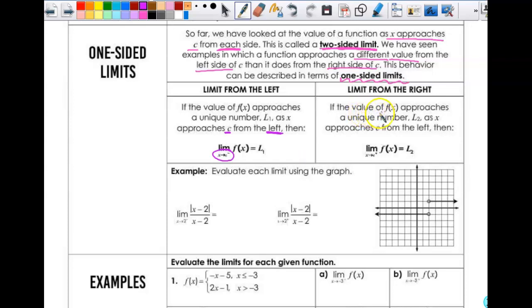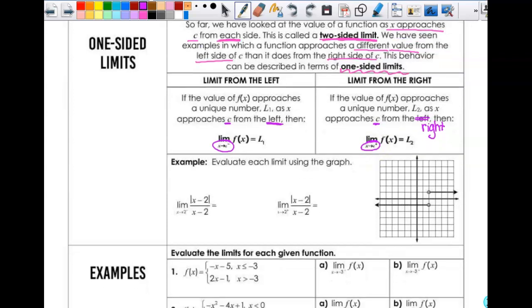If the value of f of x approaches a unique number L2 as x approaches c from the, oh, it says left again. Oh, goodness. That should say right. Don't know how I missed that, sorry. Then the limit as x approaches c, there's a little plus sign right there. That means the limit as x approaches c from the right gives me that value.